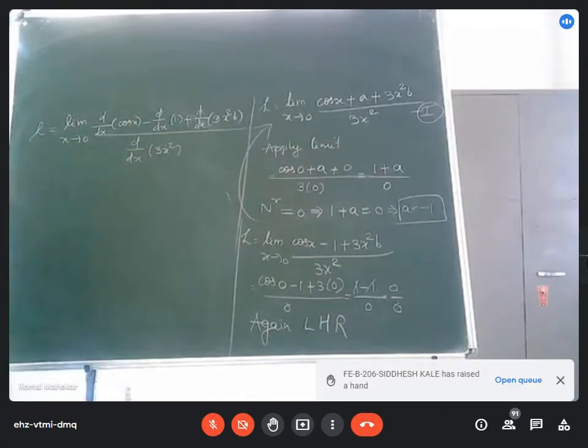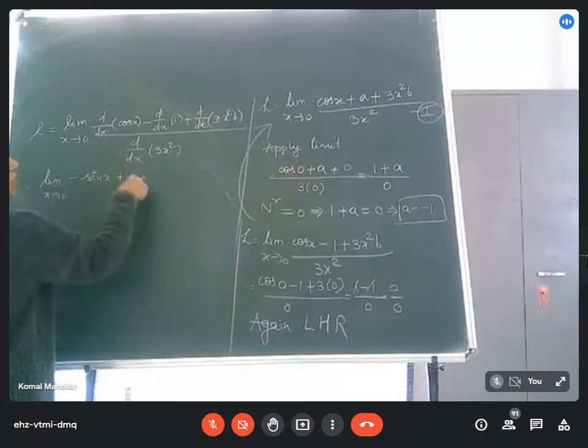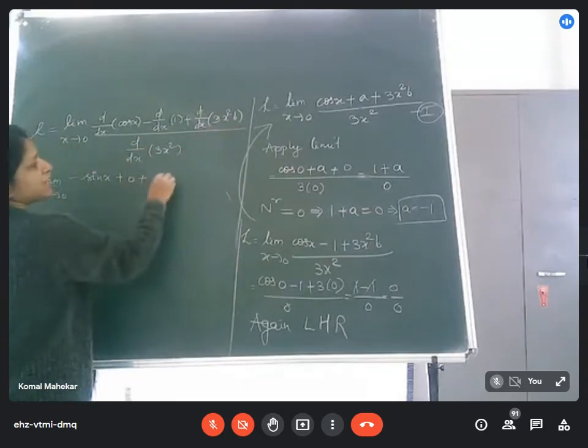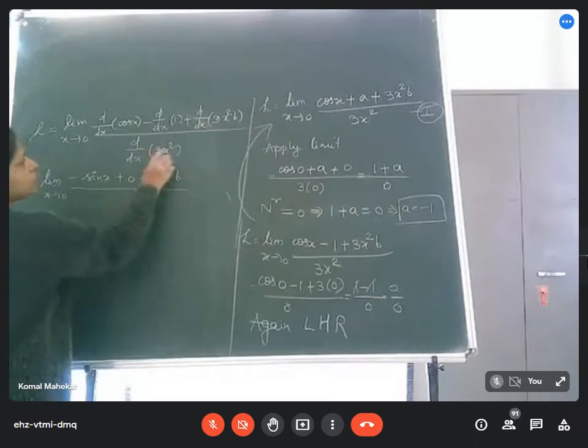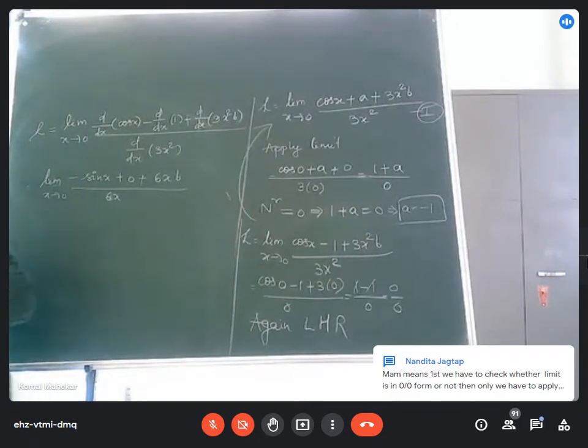The derivative of cos x is minus sin x, the derivative of a constant is 0, the derivative of 3x square is 6x, so we get 6x b upon 6x.